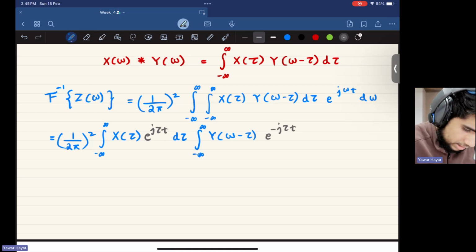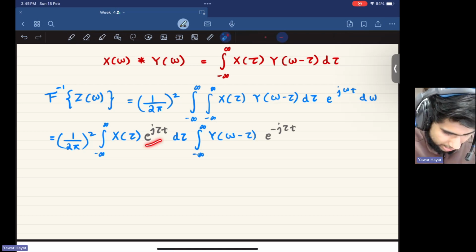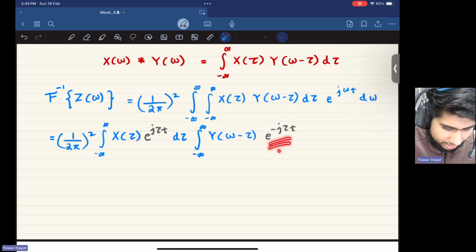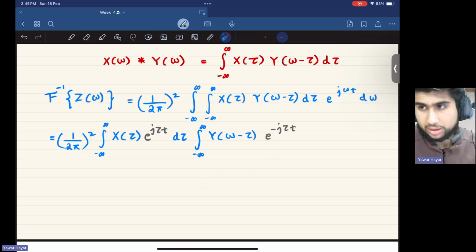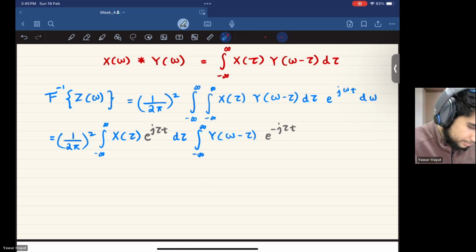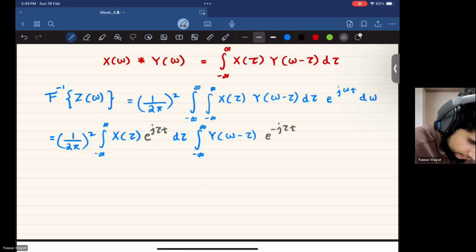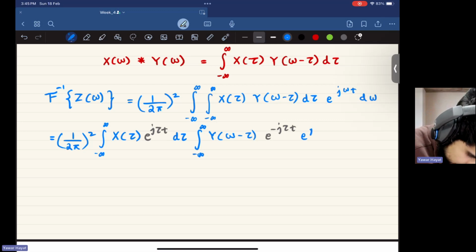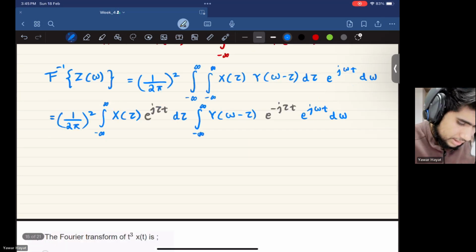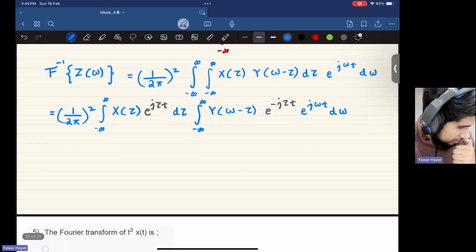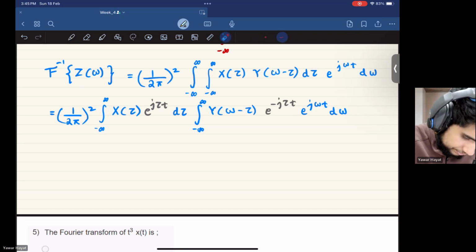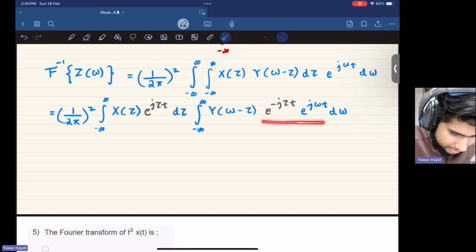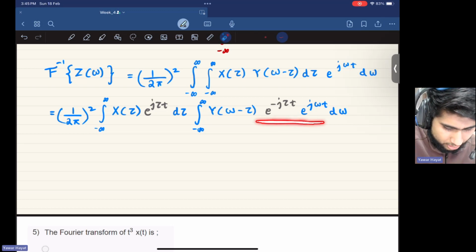That is what I was trying to say. I'm adding this and e to the power minus j tau t. The product of these two is 1, right? I can do that. So then I'm left with this part, e to the power j omega t d omega. Now, we can club this into a common exponential.